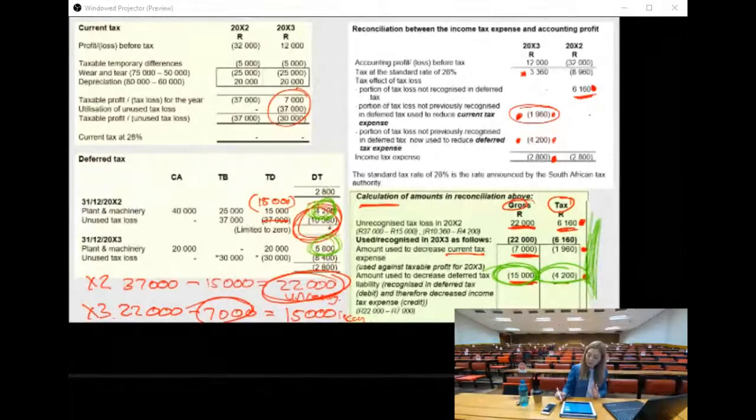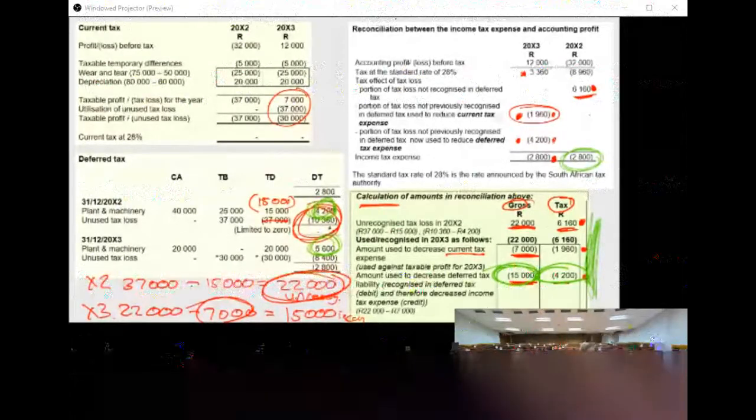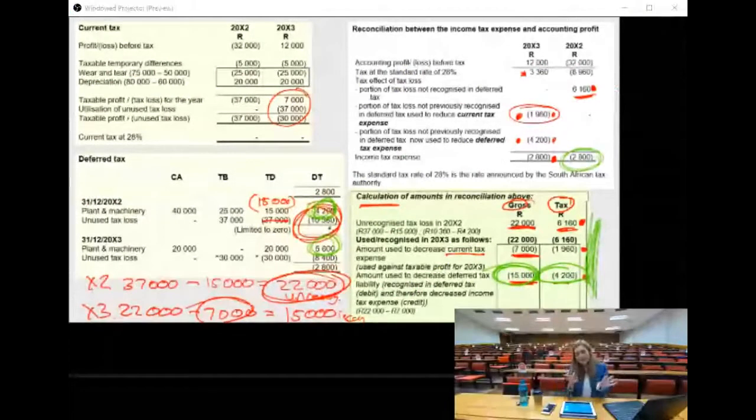Yes, so our movement would have been bigger, to a bigger debit balance. Now it's not that big, so the debit is now not there. That means the credit in my income tax expense is now smaller than what it would have been, and the reason for that is that unrecognized bit. Okay.